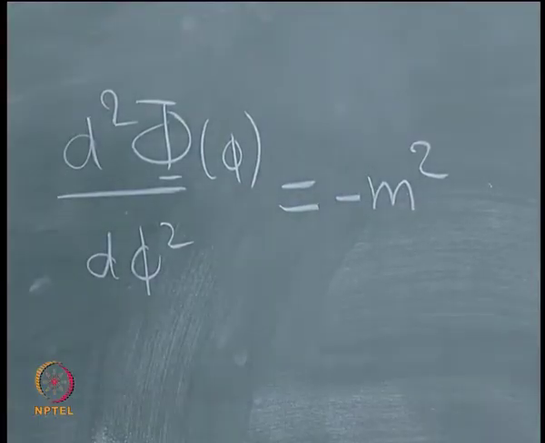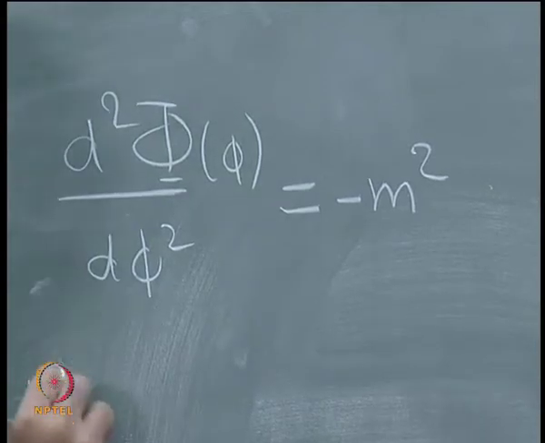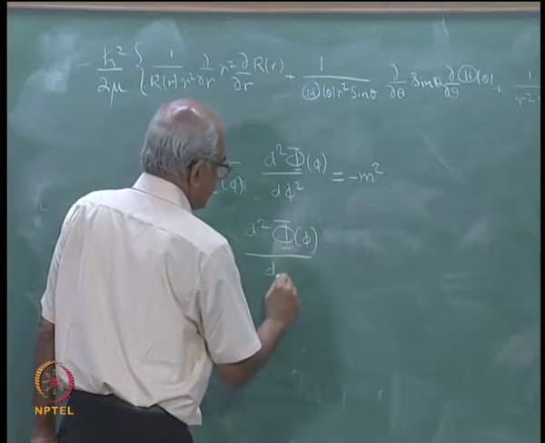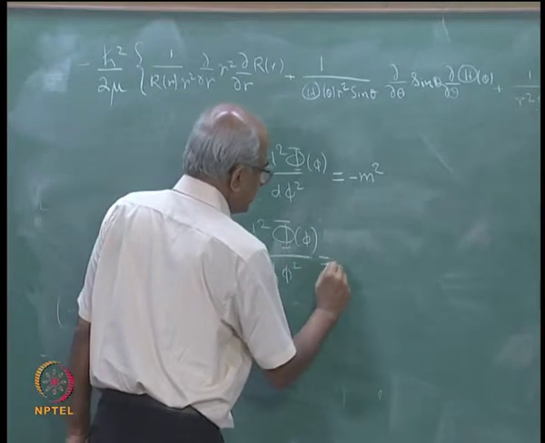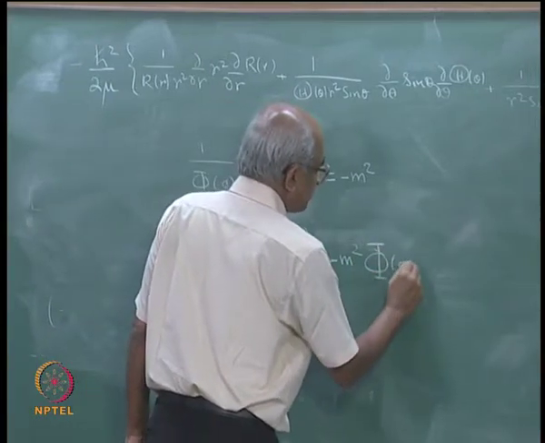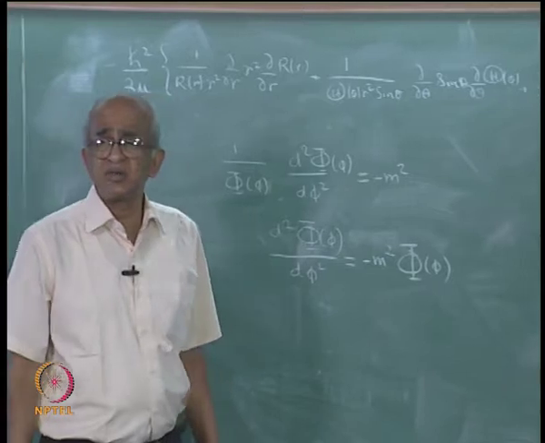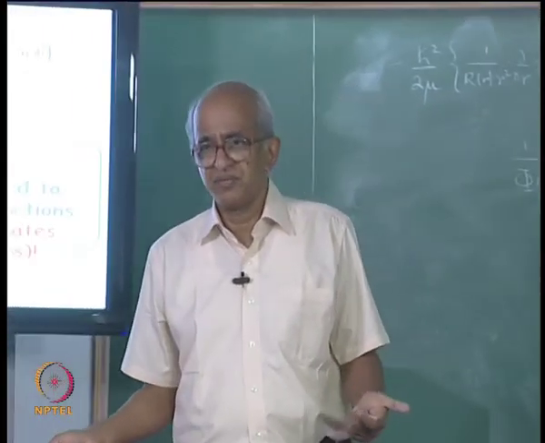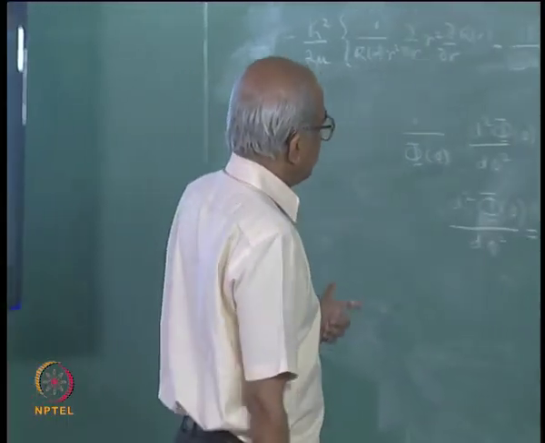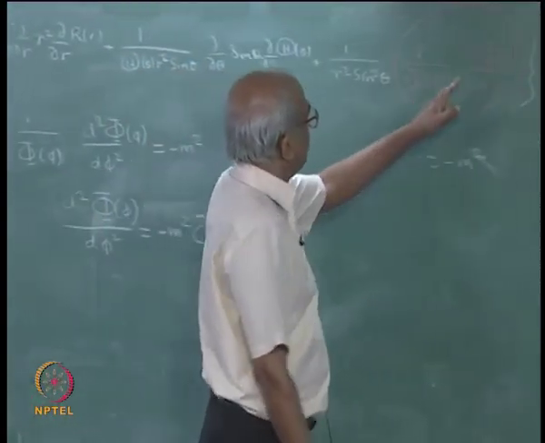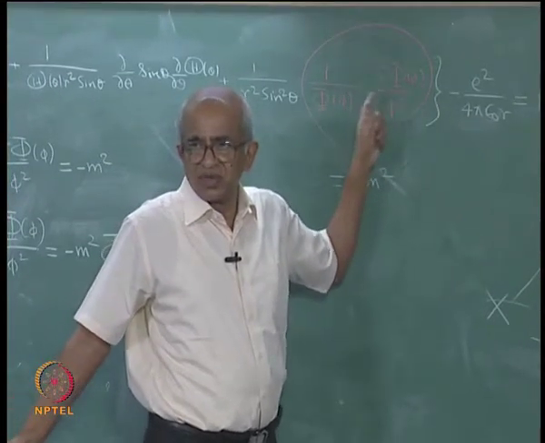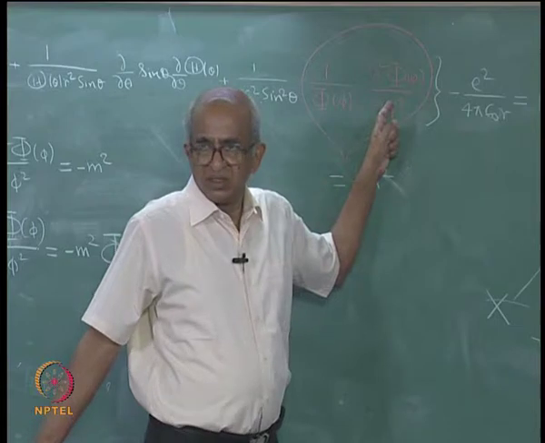Or if you multiply throughout by capital phi, you will get d square capital phi by d phi square is equal to minus m square capital phi of phi. This is a fairly simple differential equation and you can solve it, right, not difficult to solve at all. So therefore we have successfully found what phi should be. I mean, we will solve it later, but we have found an equation that capital phi satisfies, right.